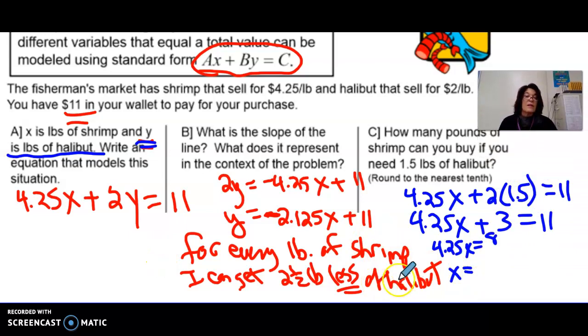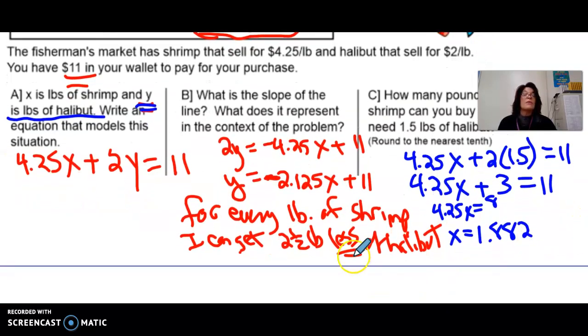So 1.88, it's a weird decimal here. I'm putting 1.882. We want to be careful. We don't want to round too close here, right? So I might even just say to the guy, give me 1 3/4 pounds, 1.75 pounds or something.